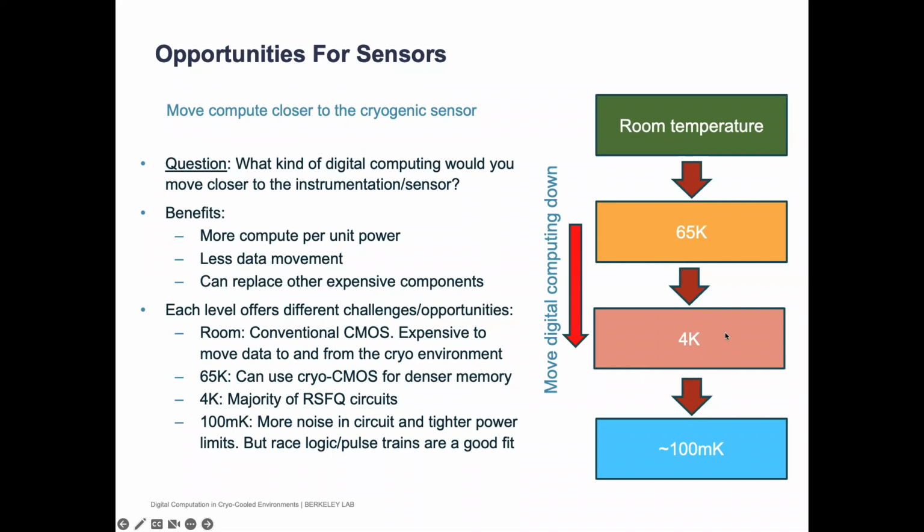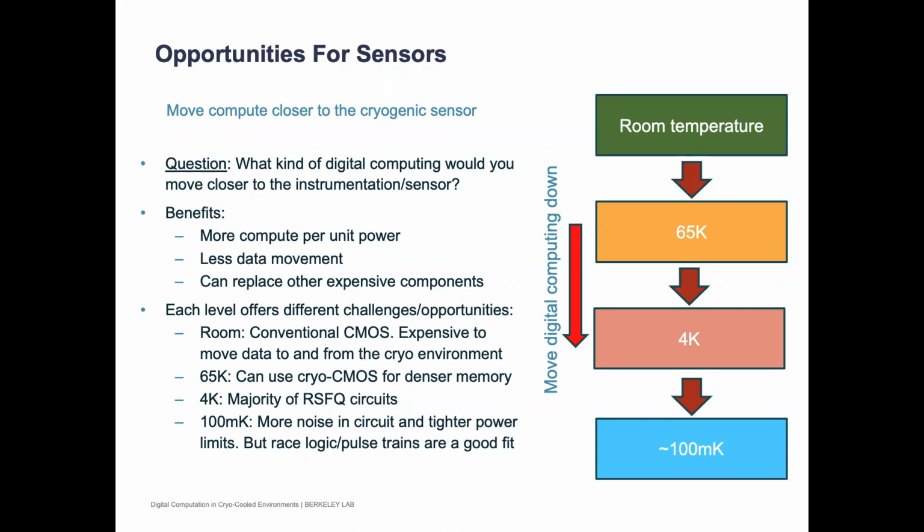What I've been talking about so far is predominantly based on 4 Kelvin. We can move to the hundreds of millikelvin range. That's also where qubits live, but also a lot of these cryosensors live at that temperature. Some things do change. The circuits become more noisy, area is more of a premium, and the power budget is also tighter to maintain that temperature.